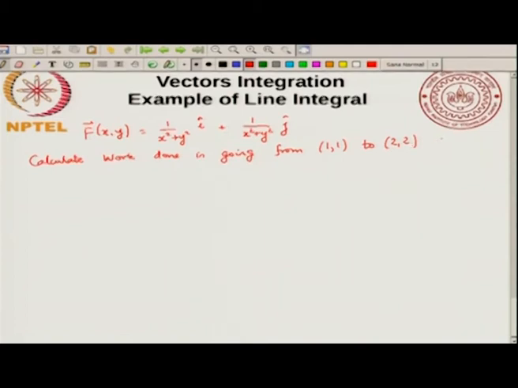And we'll do it using two paths. The first path is you go from (1,1) to (2,1) along a straight line, and then you go to (2,2).